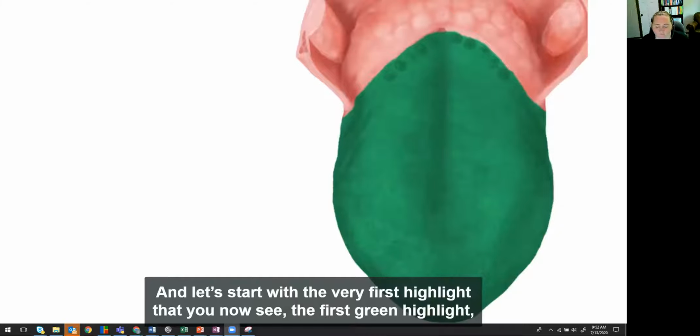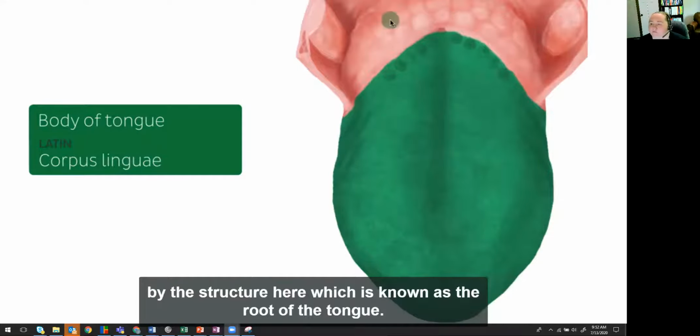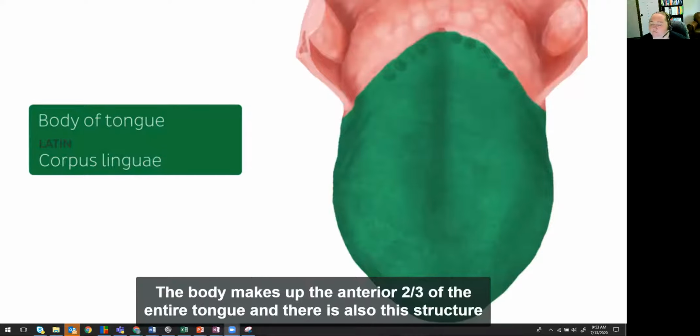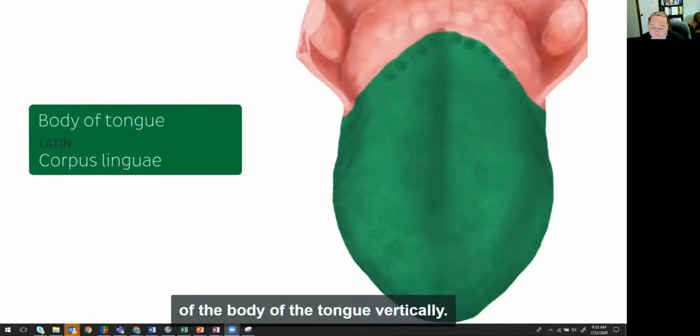The body of the tongue is bordered anteriorly by the tip, also known as the apex, and posteriorly by this structure here, which is known as the root of the tongue. The body makes up the anterior 2/3 of the entire tongue. And there is also this depression, which is known as the median sulcus, which runs along the middle of the body of the tongue vertically.